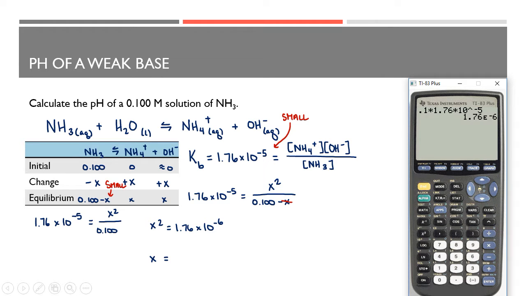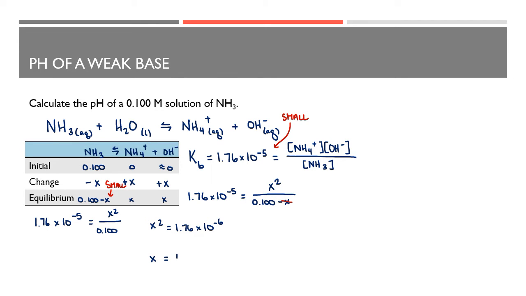So the square root of x squared is x, and the square root of 1.76 times 10 to the negative sixth is 1.33 times 10 to the negative third, and that is in moles per liter. That is my x, and it just so happens that that is the concentration of my hydroxide as well. So the hydroxide concentration is 1.33 times 10 to the negative third moles per liter.